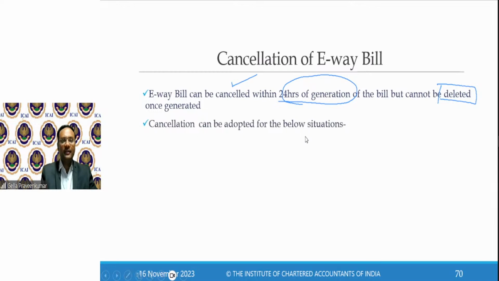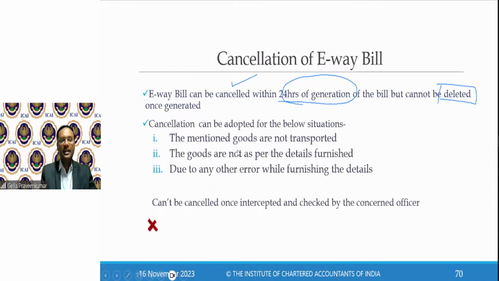Cancellation can be done for the below reasons. The mentioned goods are not transported. If the goods are not transported, I can cancel the e-way bill. Or the goods are not as per the details furnished.